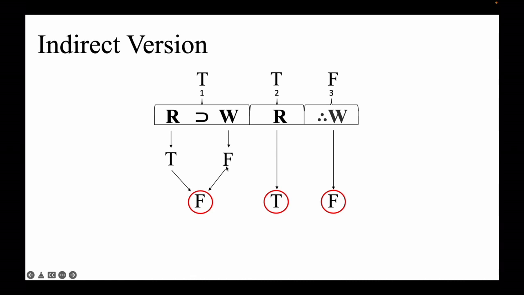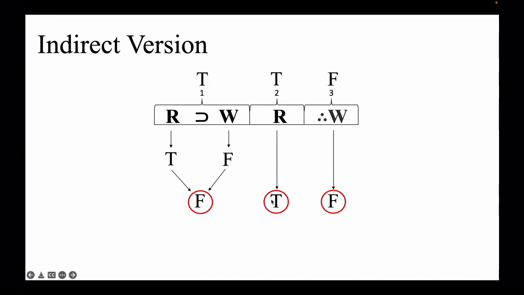So what does that mean? It means I was not able to confirm the falsity. I'm sorry, not able to confirm the invalidity of this argument. Or to put it another way, I was not able to confirm the truth of the first premise, because the first premise, as you can see, given the combinations, is rendered false.